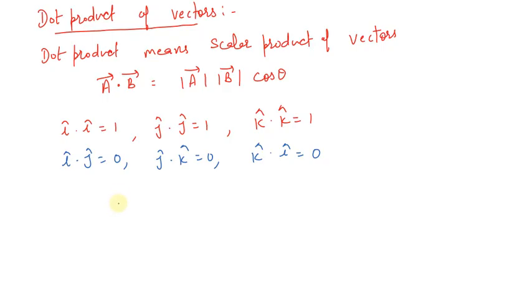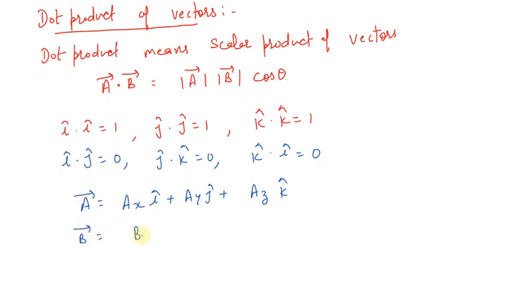Now we define dot product: vector A is written as AXI plus AYJ plus AZK.